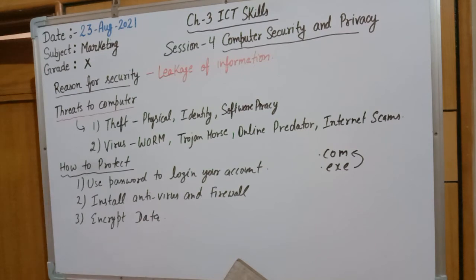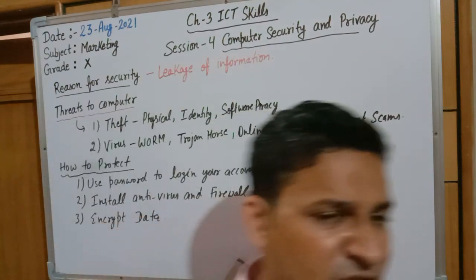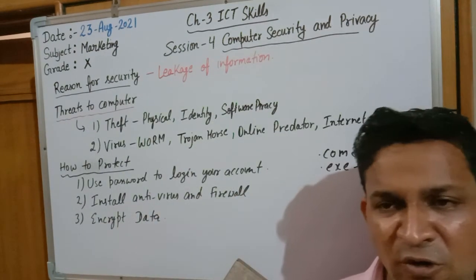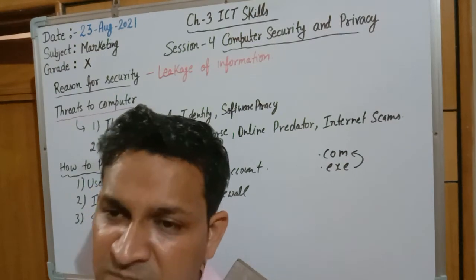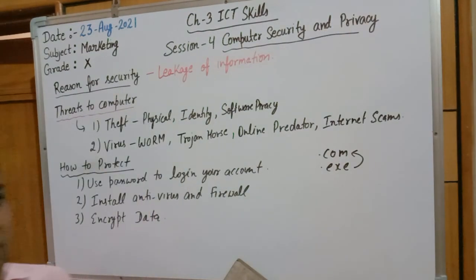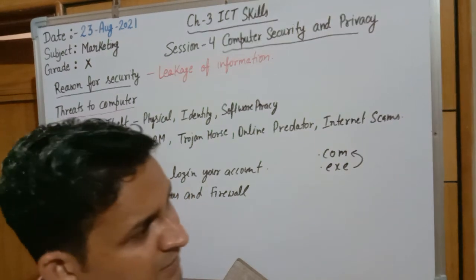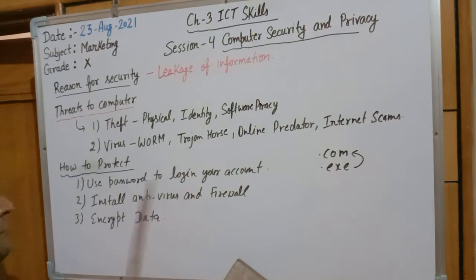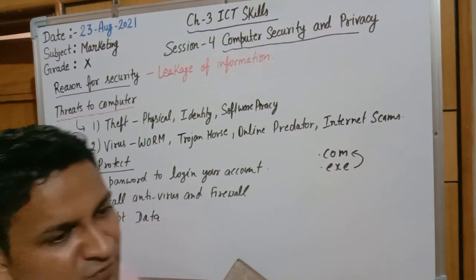Next is how to protect your computer system from virus or piracy. First, use a password with your account. Whenever you log in, you need to keep the user ID and password very strong. You can use a combination of alphabets, numerics, and some special symbols. Second is to install antivirus and firewall.